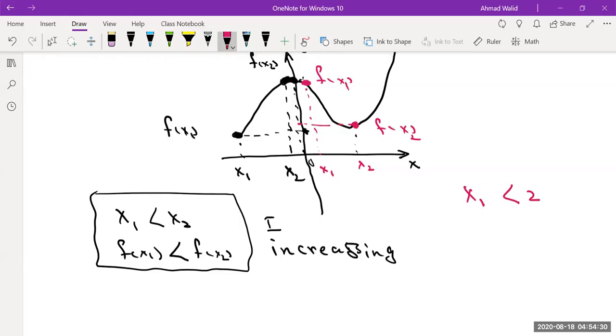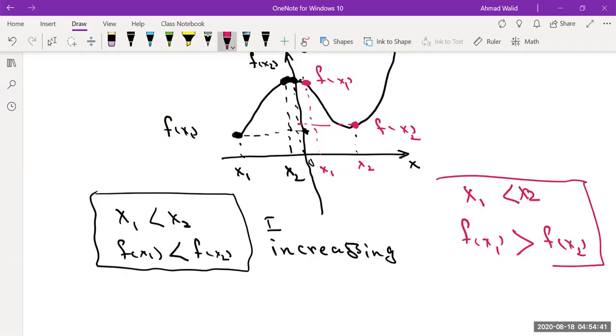You can see easily that f of x1 is actually greater than f of x2. If you see such a relation, that x1 is less than x2 and f of x1 is greater than f of x2, in this case, the function is decreasing in the given interval, right? Your function is decreasing.